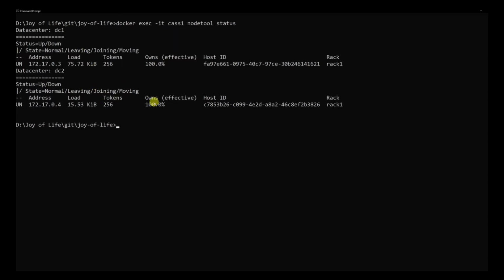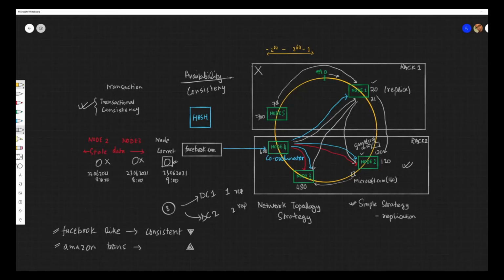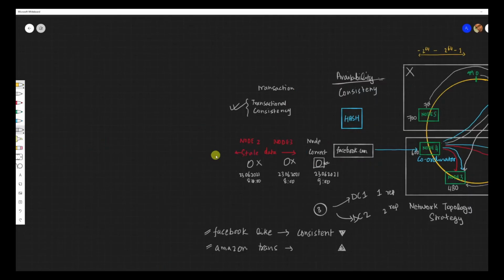So right now what I'm going to do is add a new node into my data center 2. But before that, let's go back to the board once again and let's redraw this diagram. So let's say this was my ring over here, and I have placed a machine over here, let's say at 80, and I have the second machine placed over here.